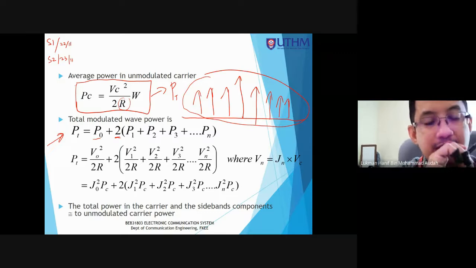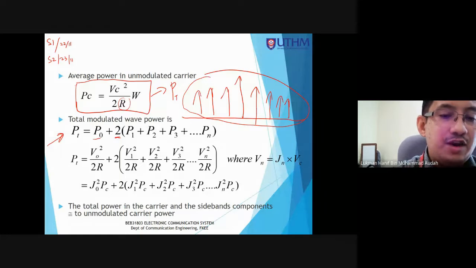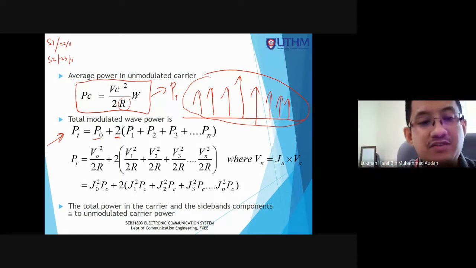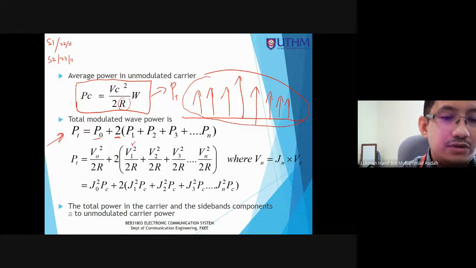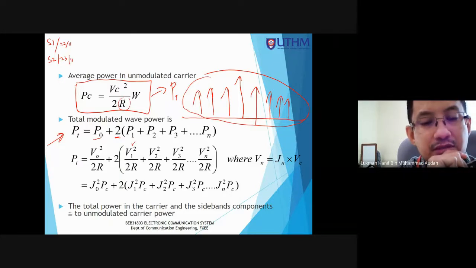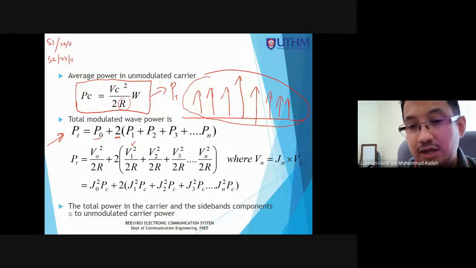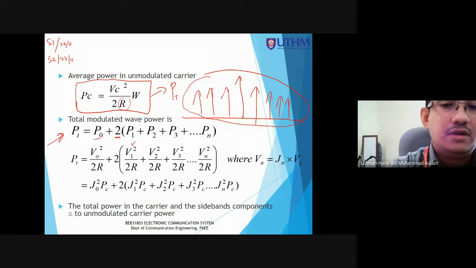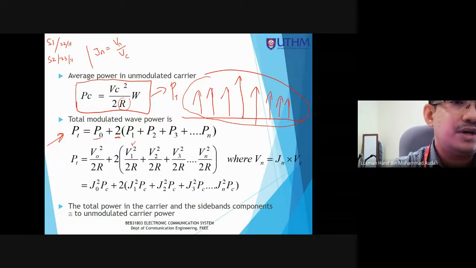And remember that the way we calculate the power for the sideband, P1 for example, is equal to V1 square over 2R. So how do we get the value of V? V here is the amplitude and J is the relative amplitude. So in general, from the equation, Jn is equal to Vn over Vc. This is what we get in the Bessel function.